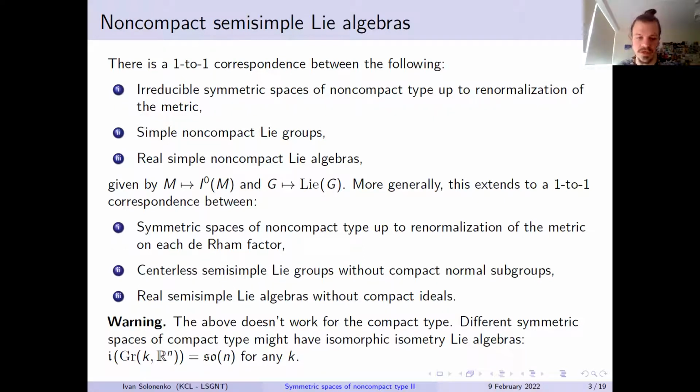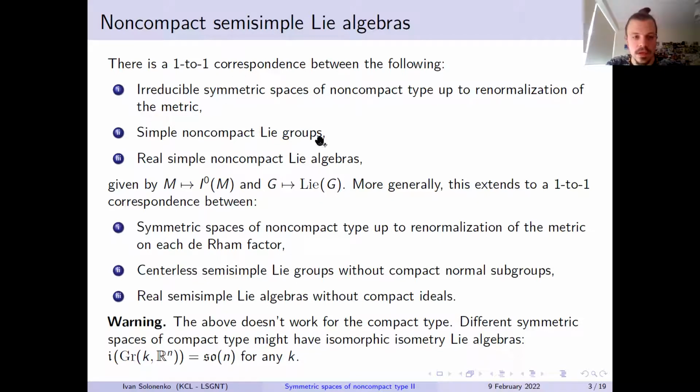If you give me a real semi-simple Lie algebra without compact ideals, then I can recover the corresponding symmetric space by taking a simply connected semi-simple Lie group with this Lie algebra, taking its maximal compact subgroup, taking the quotient and endowing it with any G-invariant metric. So the bulk of the talk is going to be purely about Lie algebras and real semi-simple Lie algebras in the non-compact setting.